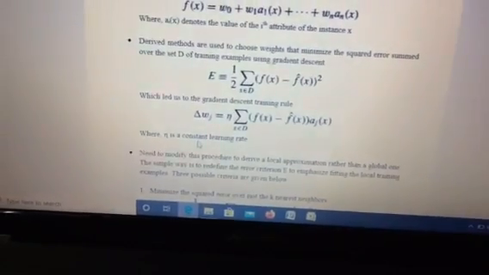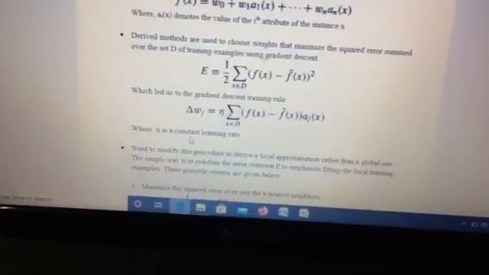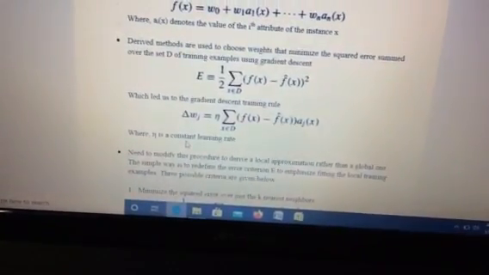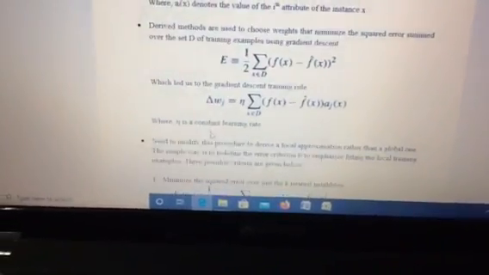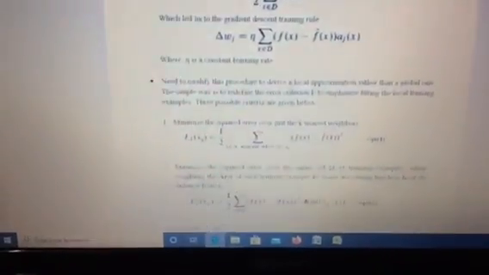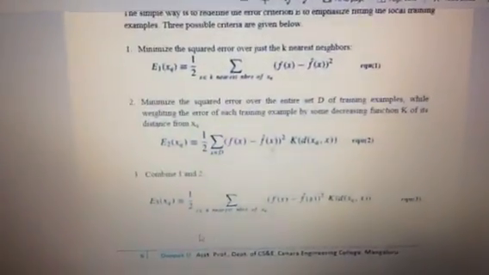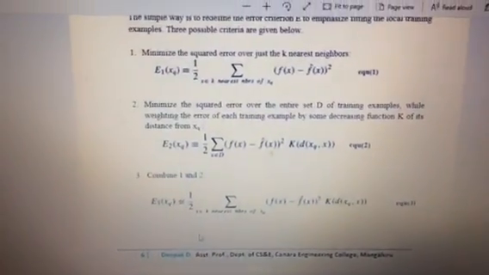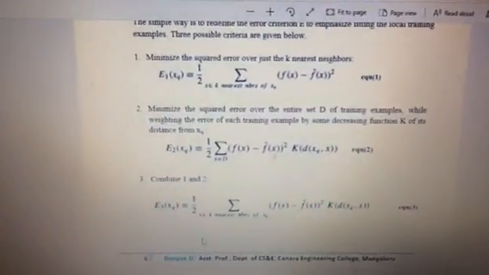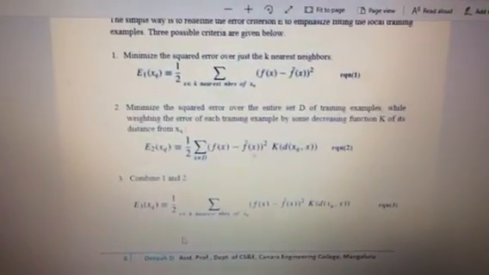The error correction defines the difference between the target and the local approximation, which is represented by three different criteria here. Let's understand the three criteria. First is to minimize the squared error over the entire set of training examples, which is given by this formula.